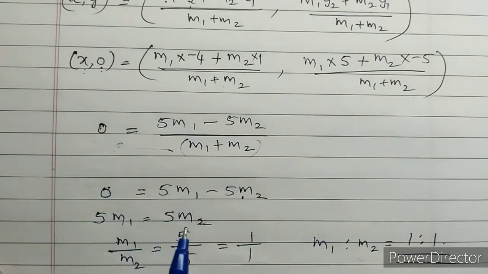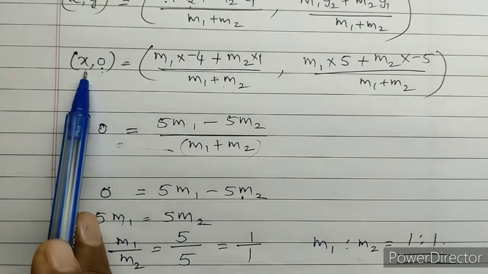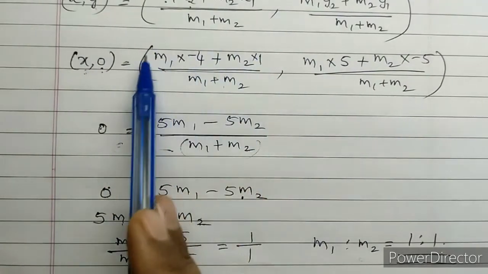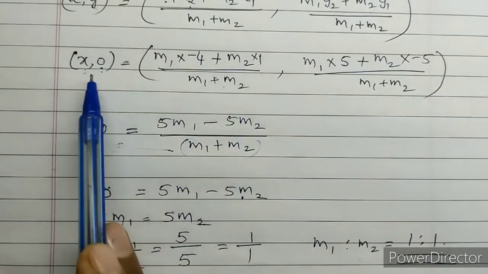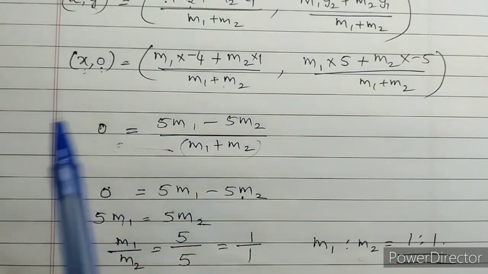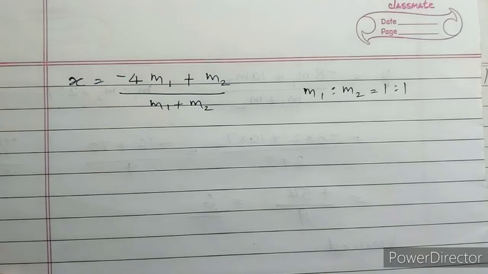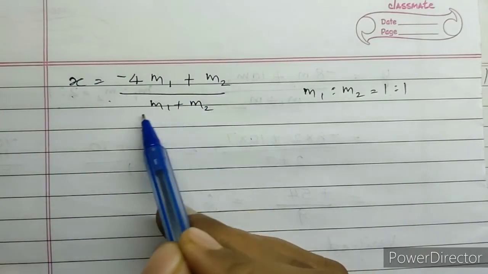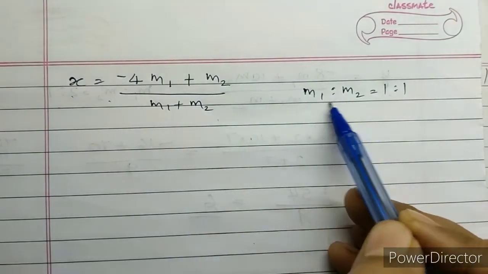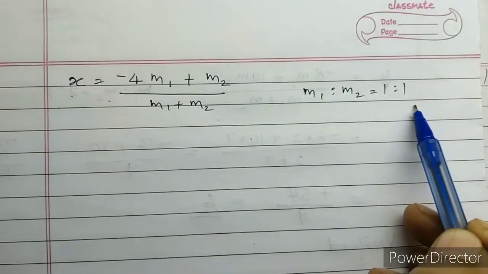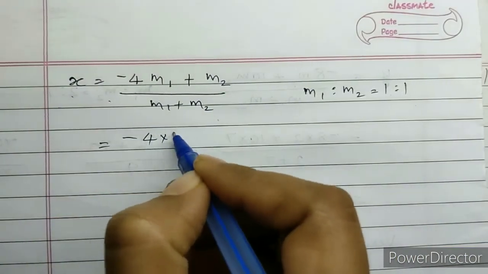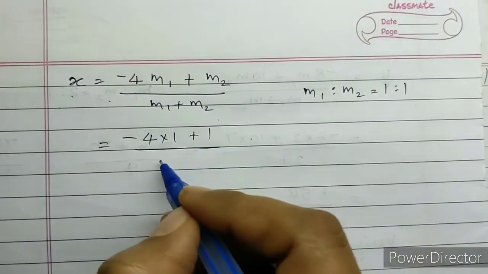They have asked to find the coordinates of the point of division. So that means (x, 0), the x value you have to find. So in this you have to substitute that m1 and m2 and find the x value. So x is equal to (minus 4 m1 plus m2) by (m1 plus m2). This you got after calculation. Now substitute the values: (minus 4 into 1 plus 1) divided by (1 plus 1).